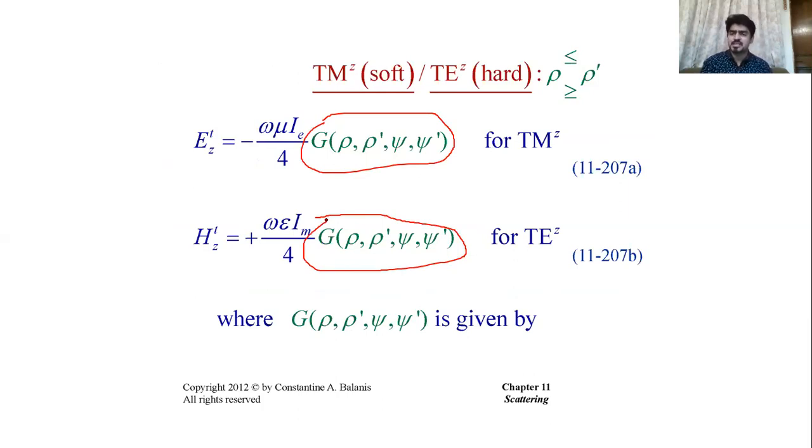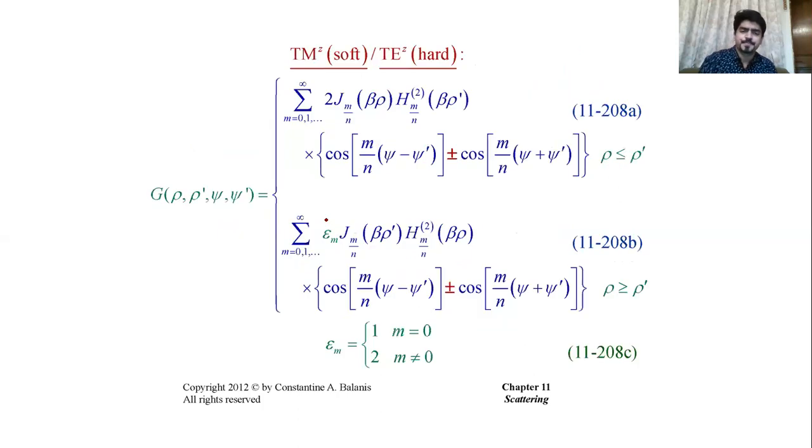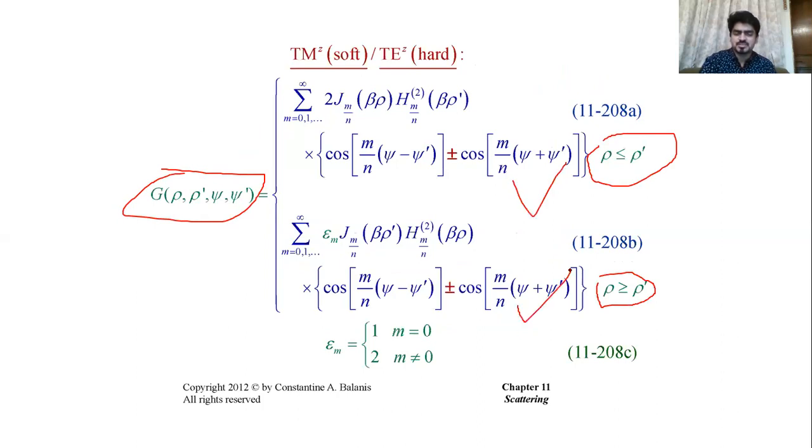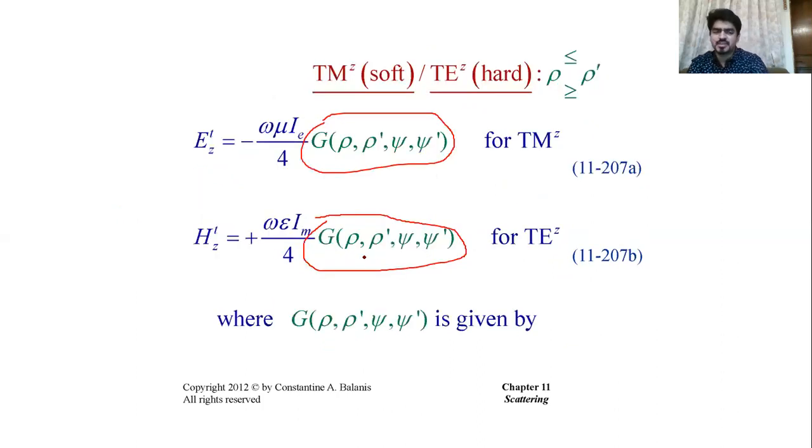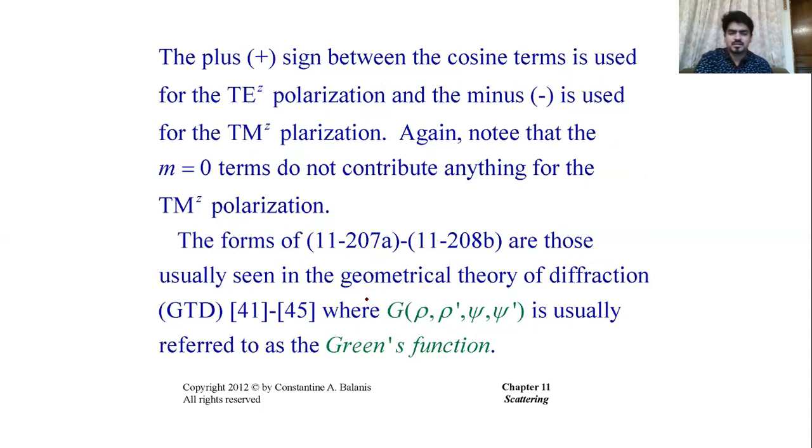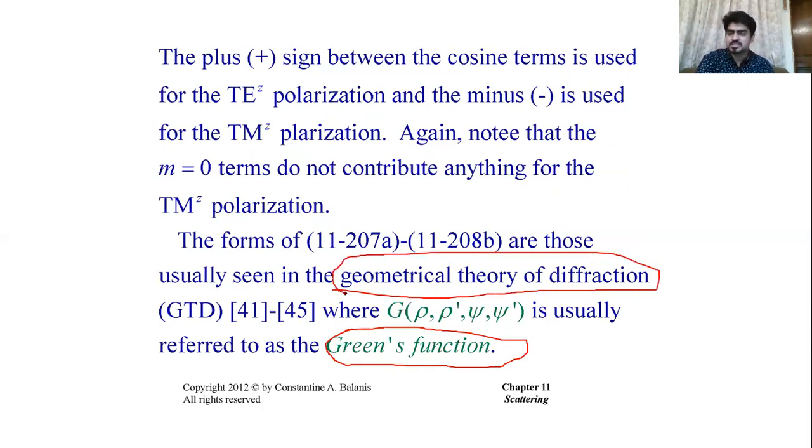In diffraction theory they use Green's function, and we use that in chapter 13, which we are not going to go into in detail in this course, but you should know about it. So that Green's function is given by these two functions, right? Basically for two regions, for both polarizations, it is given by two expressions, and that is nothing but your Green's function. So you have a very common expression for ETZ and HTZ. That is nothing but this Green's function, and it is commonly used in the geometrical theory of diffraction, GTD, this kind of terminology.